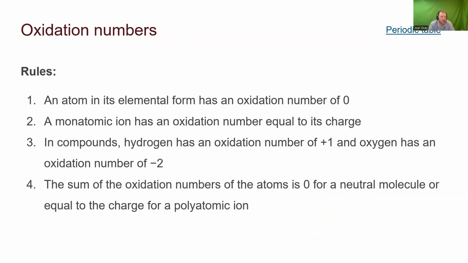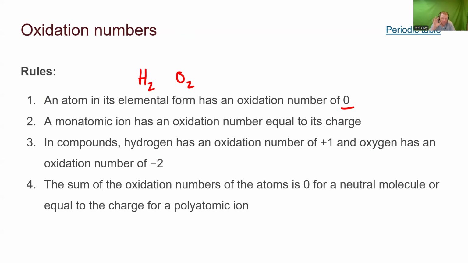Okay, now we have some rules for oxidation numbers. An atom in its elemental form has an oxidation number of 0. An example of that would be something like H2, O2. Don't mistake this for H2O. That H2O is a part of a molecule.